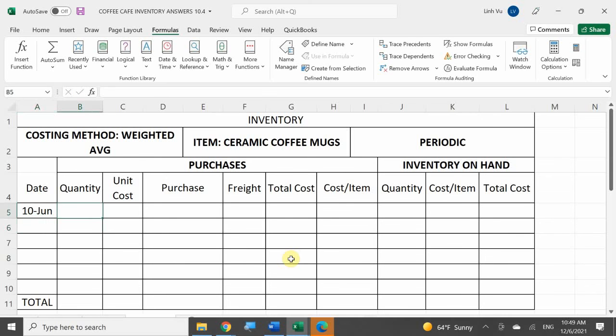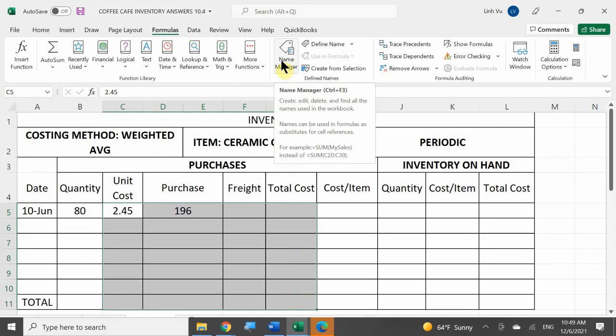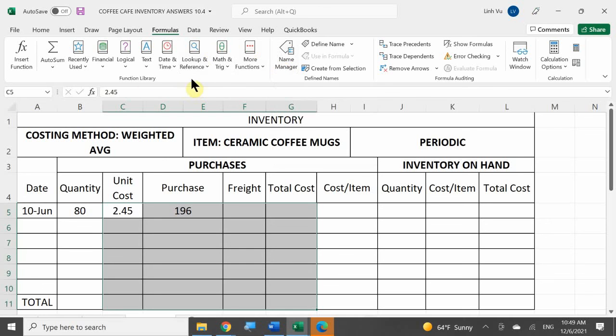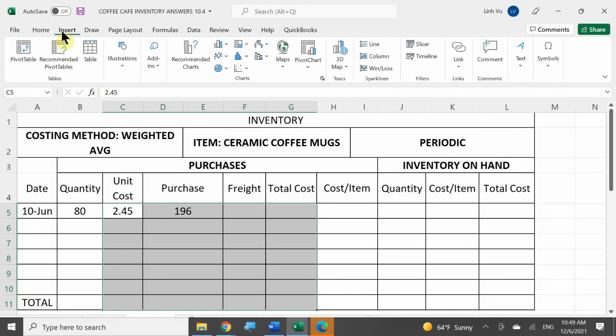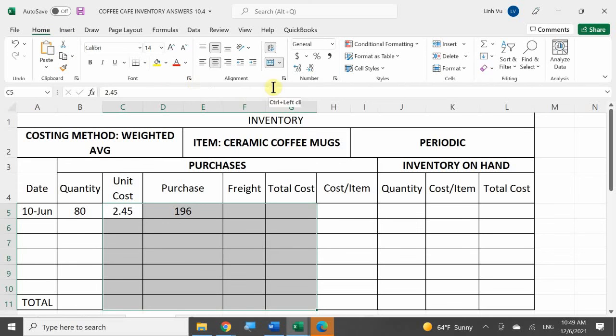How much did I receive? I received 80 of them, costing $2.45 each. So if I multiply them across, it's for $196. Okay, but I also have to take into factor that I also had shipping to also attach to the cost of my item.